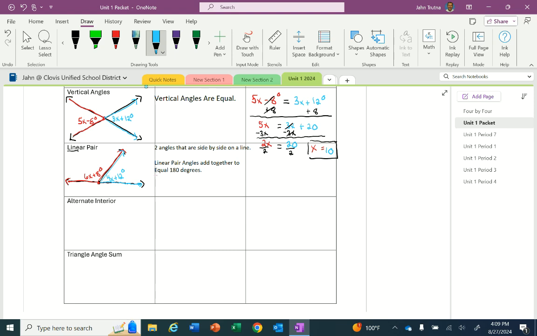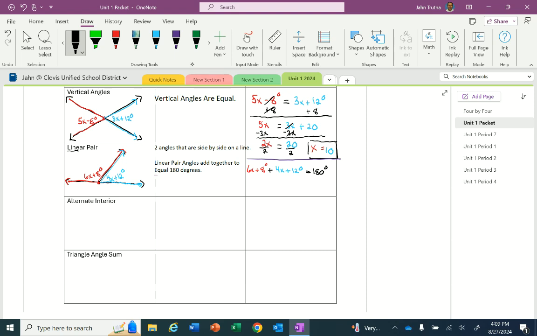And so the equation that you would create in order to use an example of linear pair of angles would be the 6x plus 8 degrees plus the 4x plus 12, which is the blue one. The relationship is they add together to equal 180 degrees. So an example that we would use this relationship to create an equation would be 6x plus 8 plus 4x plus 12 equals 180 degrees.